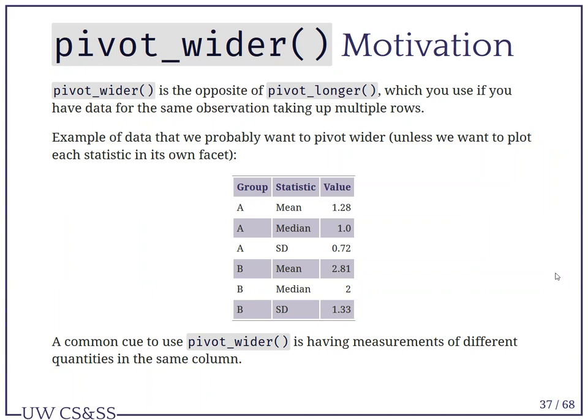So a common cue to use pivot wider is having measurements of different quantities in the same column. Okay, so here our value column tells us the mean and the median and the standard deviation. And these are all very different kinds of information and should probably be housed in their own columns.